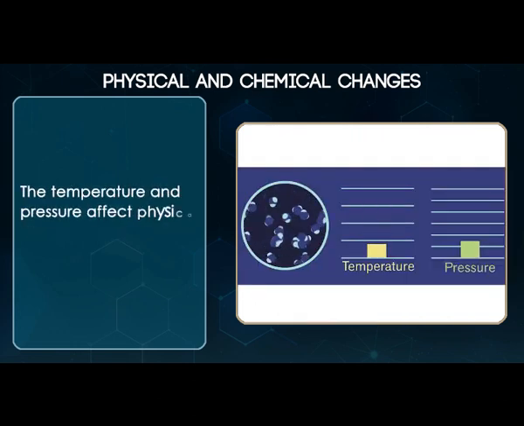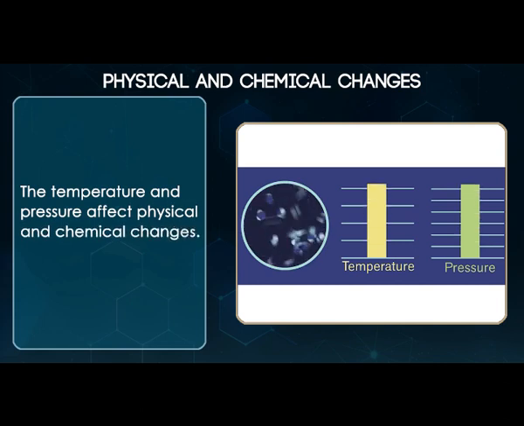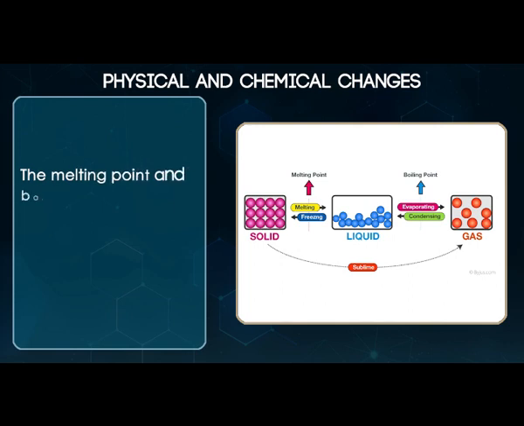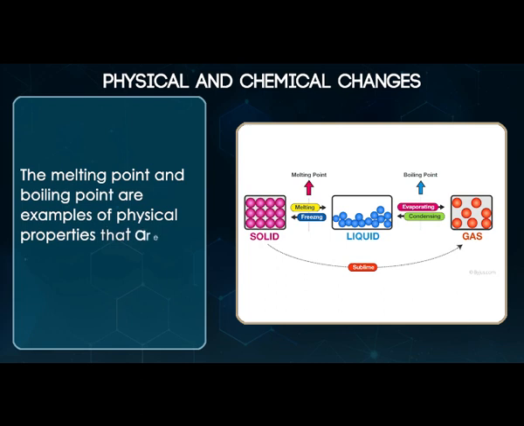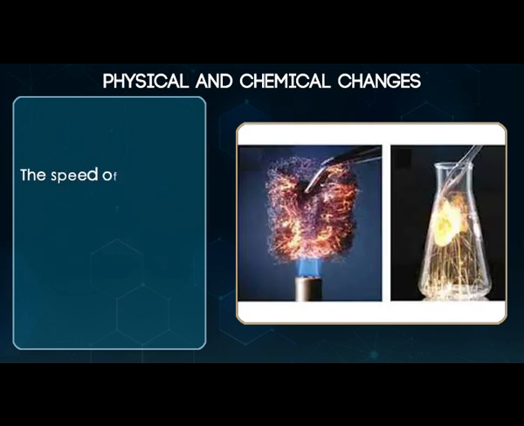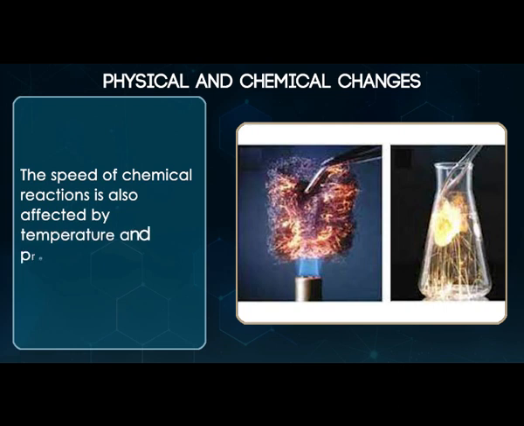The temperature and pressure affect physical and chemical changes. The melting point and boiling point are examples of physical properties that are affected by temperature and pressure. The speed of a chemical reaction is also affected by temperature and pressure.